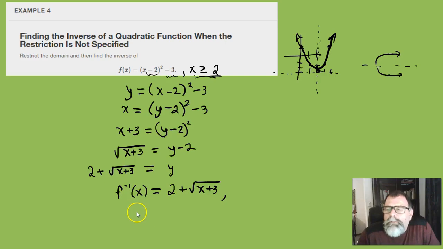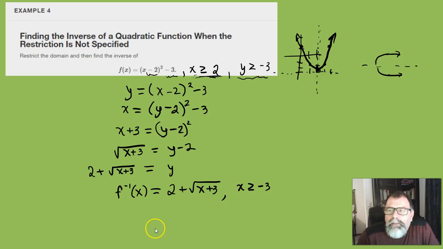And we're going to restrict. Now, remember, if you look at my graph here, this is the domain, and the range is going to be y is greater than or equal to negative 3. Okay, so this is going to become my domain. So x has to be greater than or equal to negative 3.